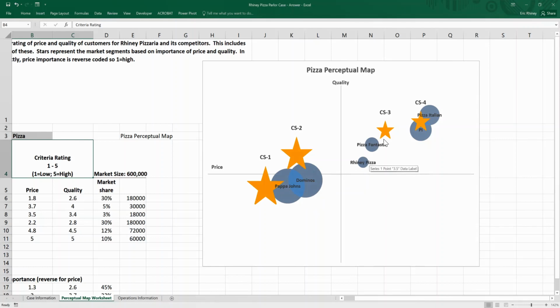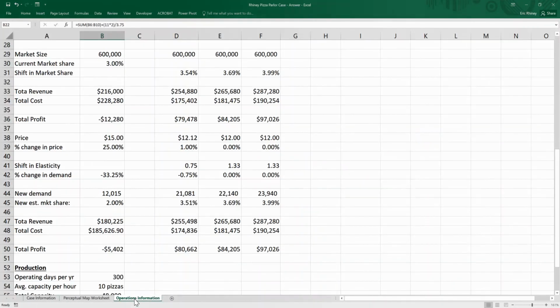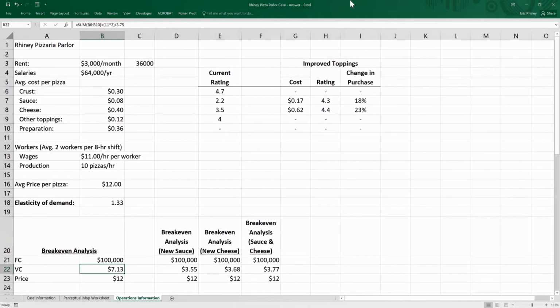Also, we need to keep in mind the elasticity of demand and shifts in that as well. All right, but you could use this then to really help Riney Pizzeria make some critical decisions based off of this information. So there you have it, break-even analysis and elasticity of demand and sensitivity analysis.